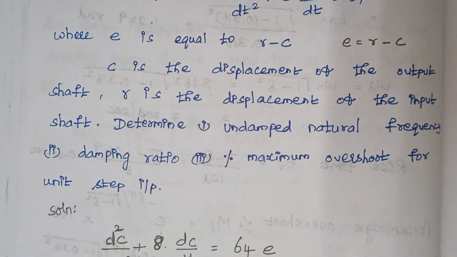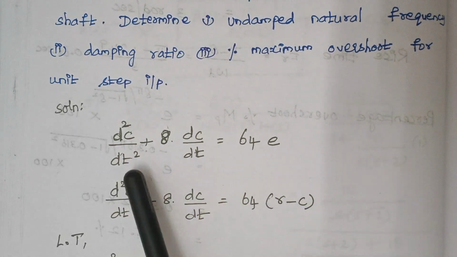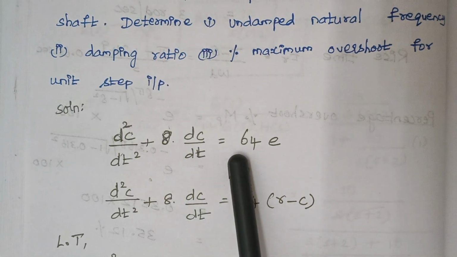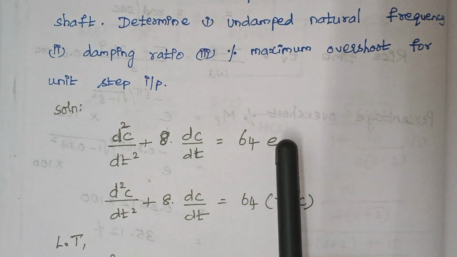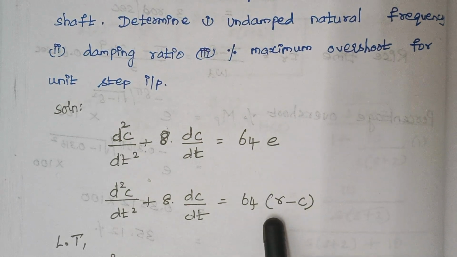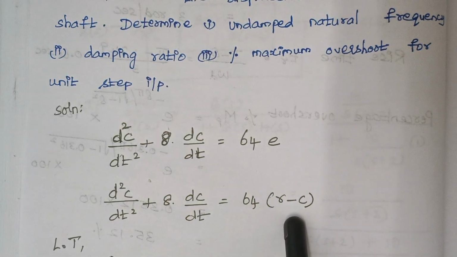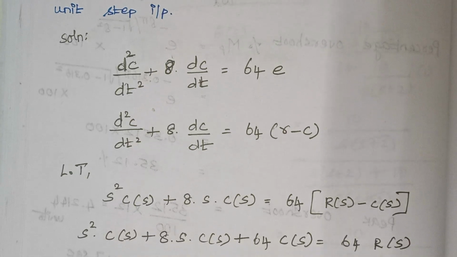So the first step is here, this is our given equation, d square c by dt square plus 8 into dc by dt, which is equal to 64e. Right, and here the value of E is given as R minus C, so just substitute R minus C in the place of E here, right? And our first step is we are going to take Laplace transformation.